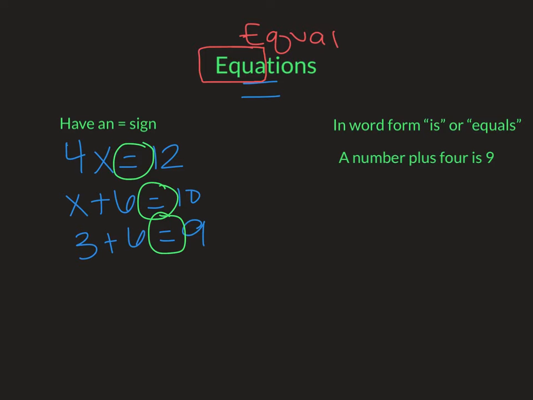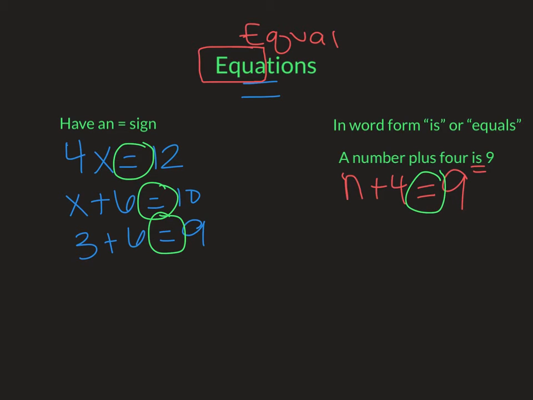So if we were going to write that out using the words, we would say a number, whatever the number is, we don't know yet, so we'll just give it a number plus 4 is equal to 9. Okay, is tells us that it's equal. Okay, so again, we have the equal sign, which tells us that it is an equation.